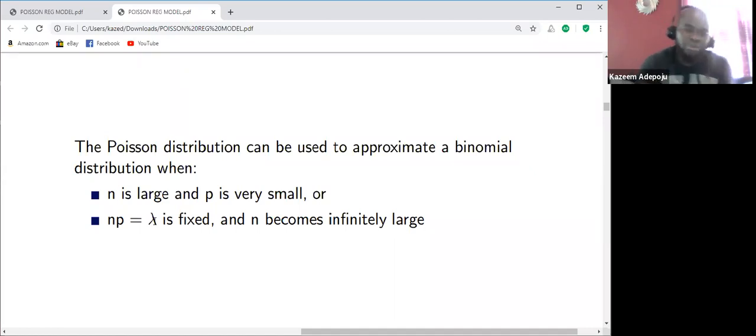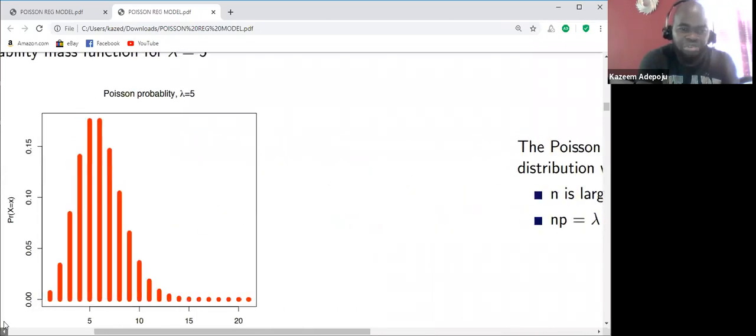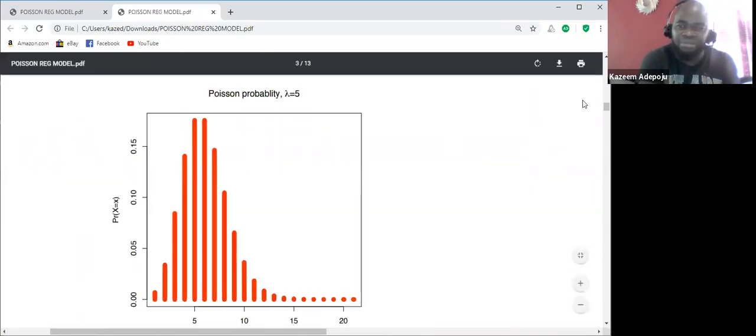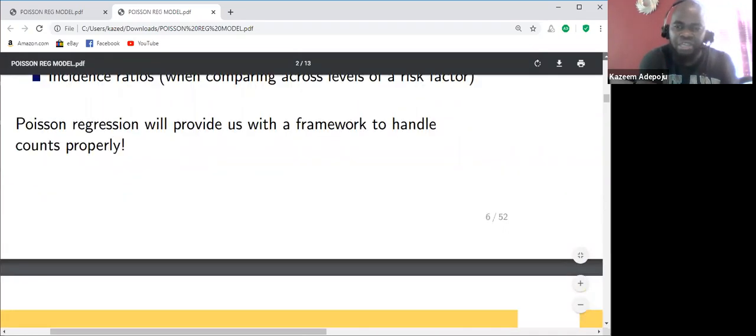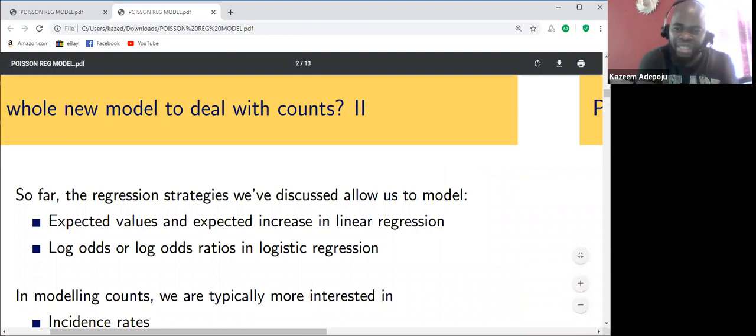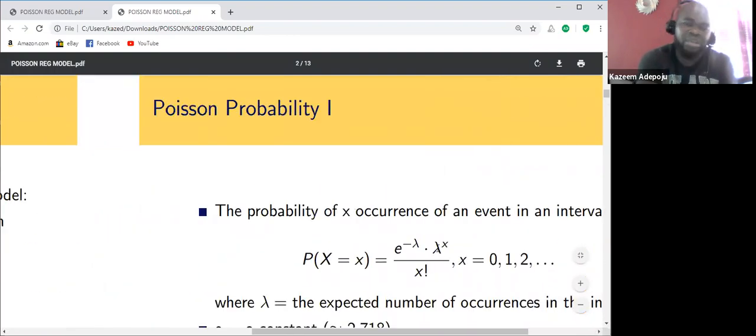It is the same lambda that I am talking about as a rate. It is the same lambda that is the rate parameter in the Poisson distribution. I am going to show you right now the particular lambda that I am talking about, the lambda right here, that I call the rate parameter.